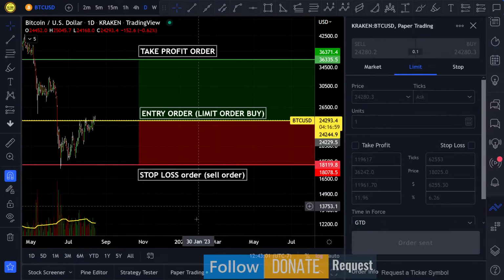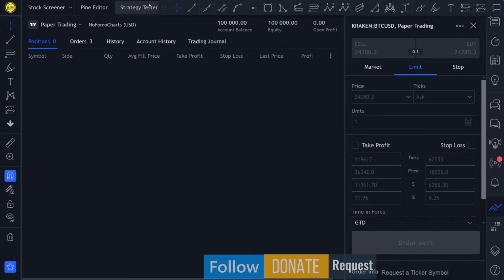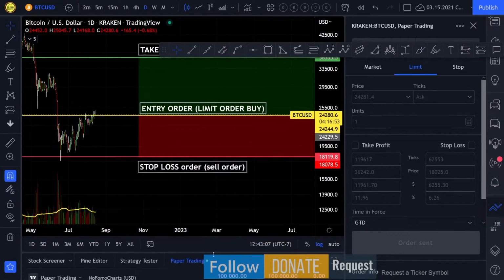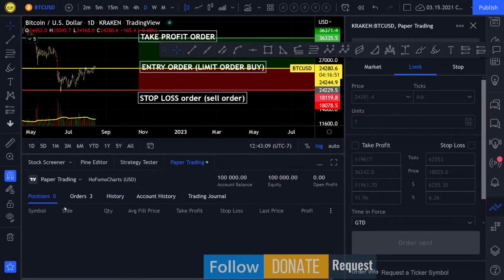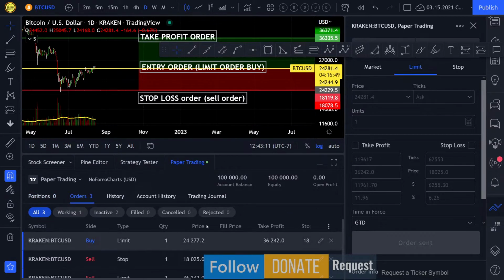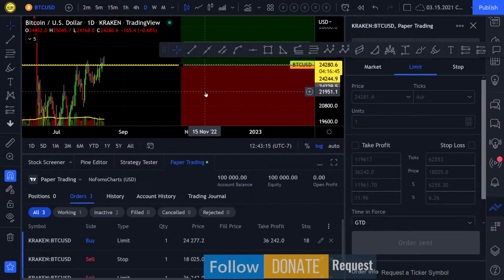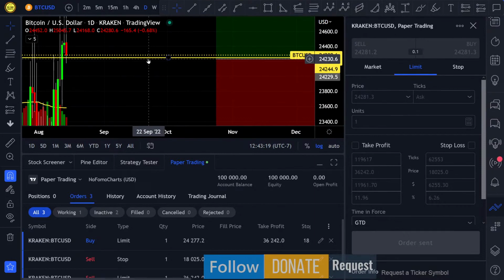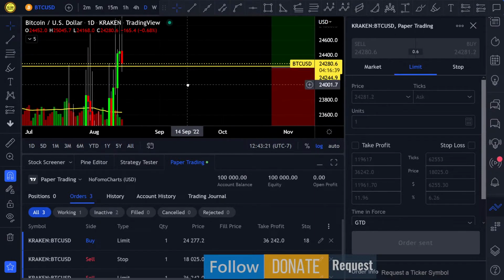The order is sent. If you open up the panel here, the reason I didn't buy yet is because the price of Bitcoin is higher than where I put it. If you zoom in very closely, you can see I put the yellow line order, and then it went up.